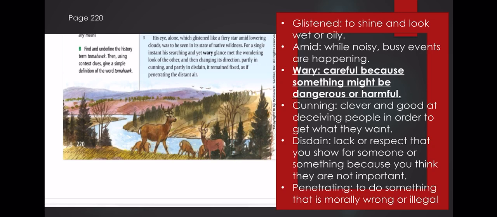For a single instant, he is searching and yet wary, which means careful because something dangerous or harmful might happen.